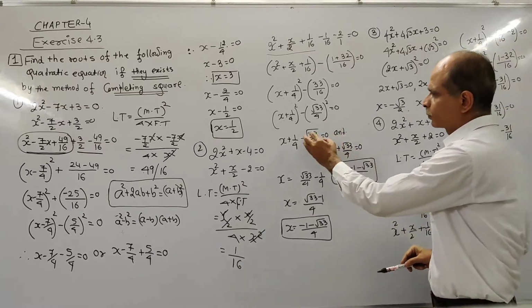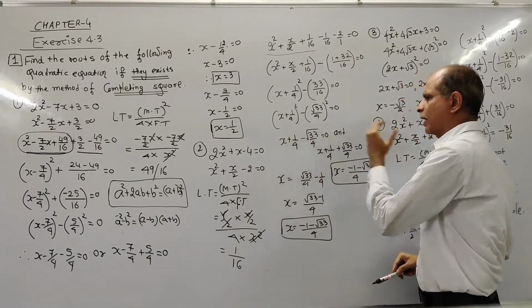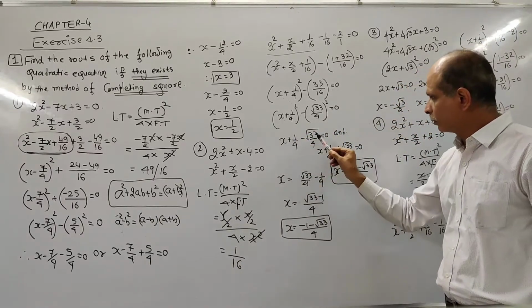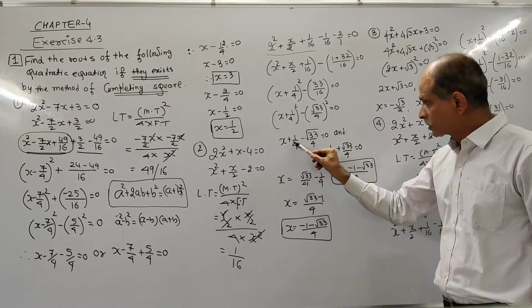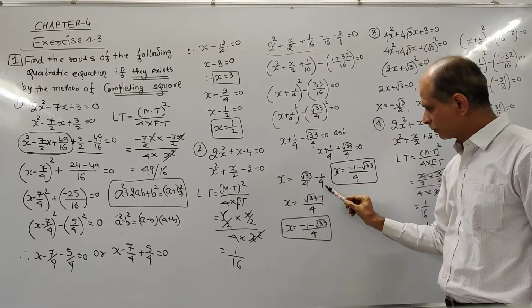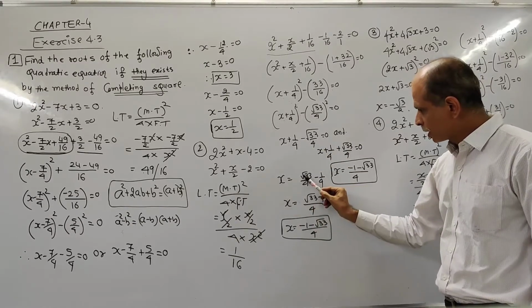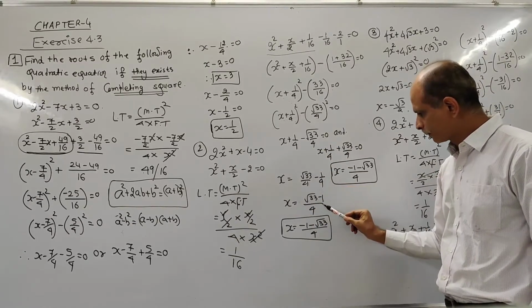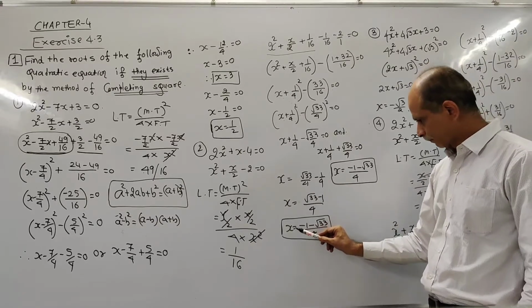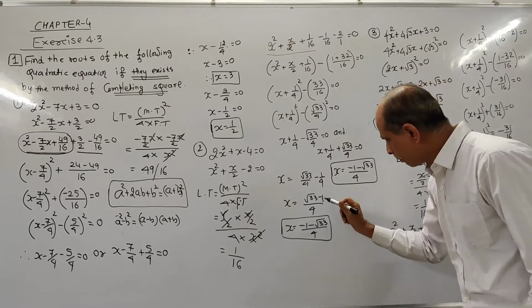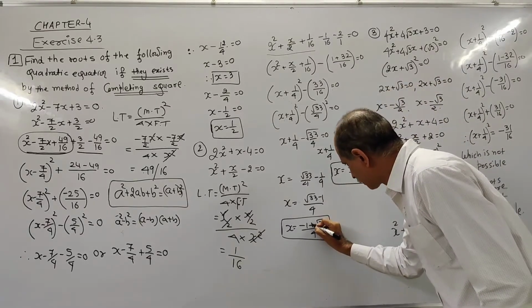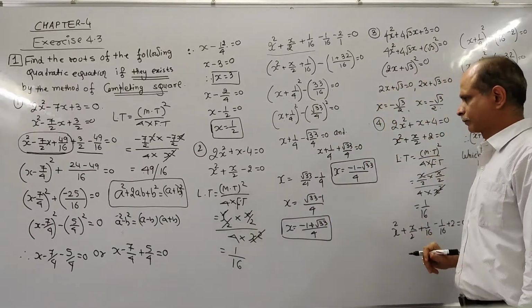So when you transpose these two from the left hand side to the right hand side, x is equal to, this minus becomes plus under root 33 by 4, and this plus becomes minus 1 by 4. So x is equal to minus 1 plus under root 33 by 4.